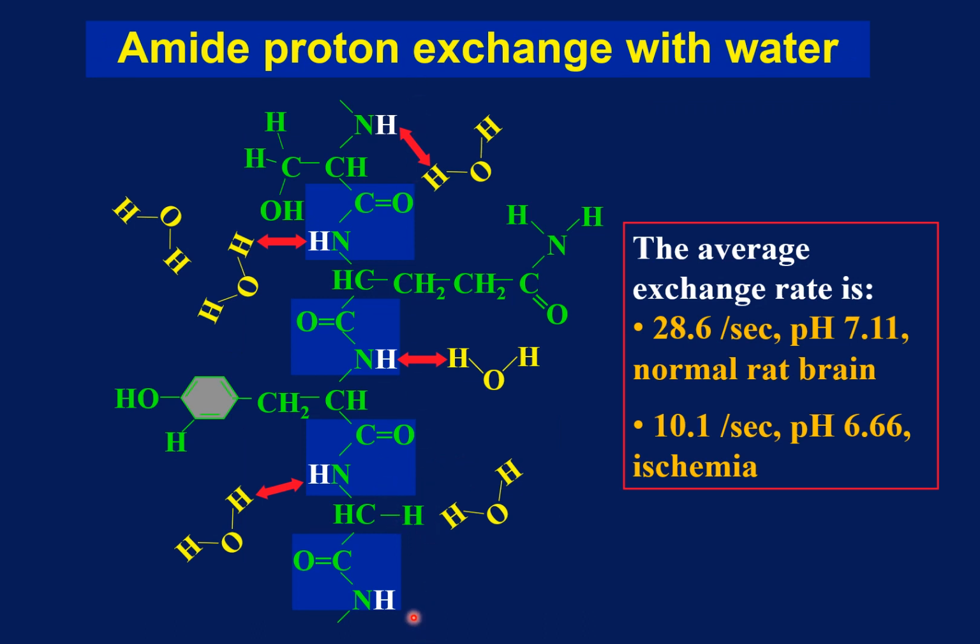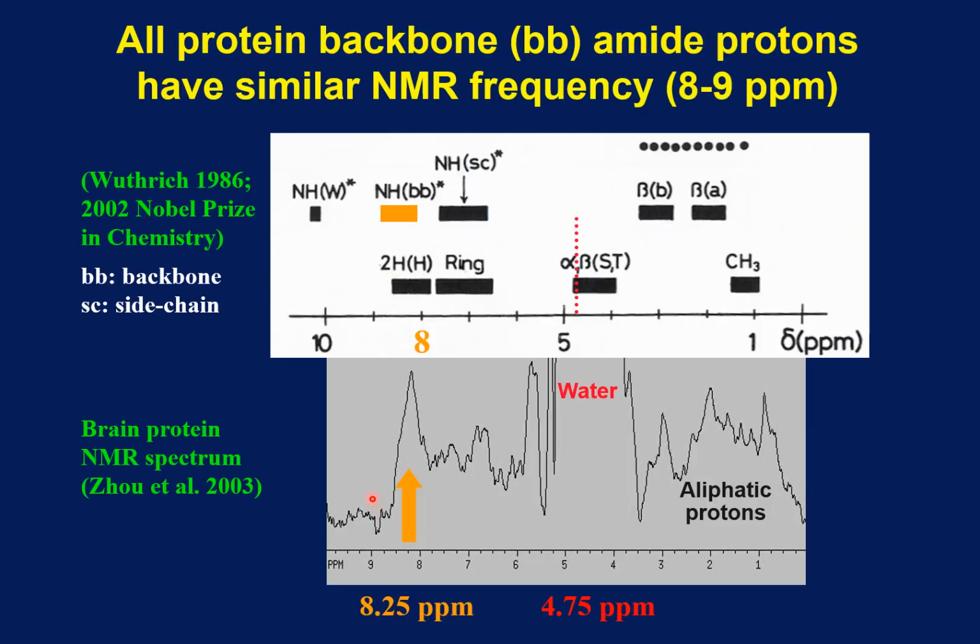The average exchange rate is 20.6 per second at normal pH and is reduced to 10.1 in ischemic brain. Another thing I want to point out is that all the backbone amide protons have a similar frequency, 8 to 9 ppm, different from some other protons.